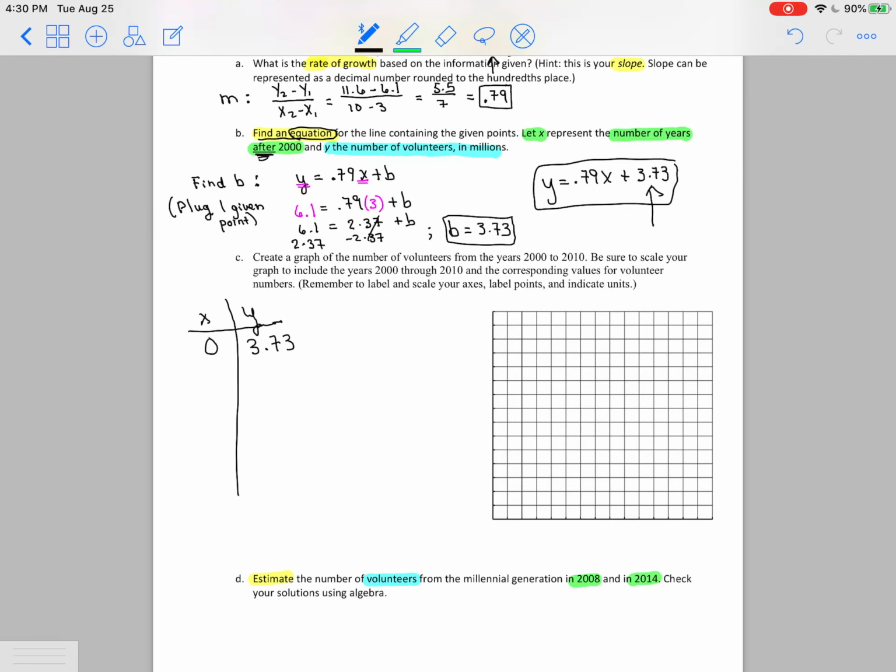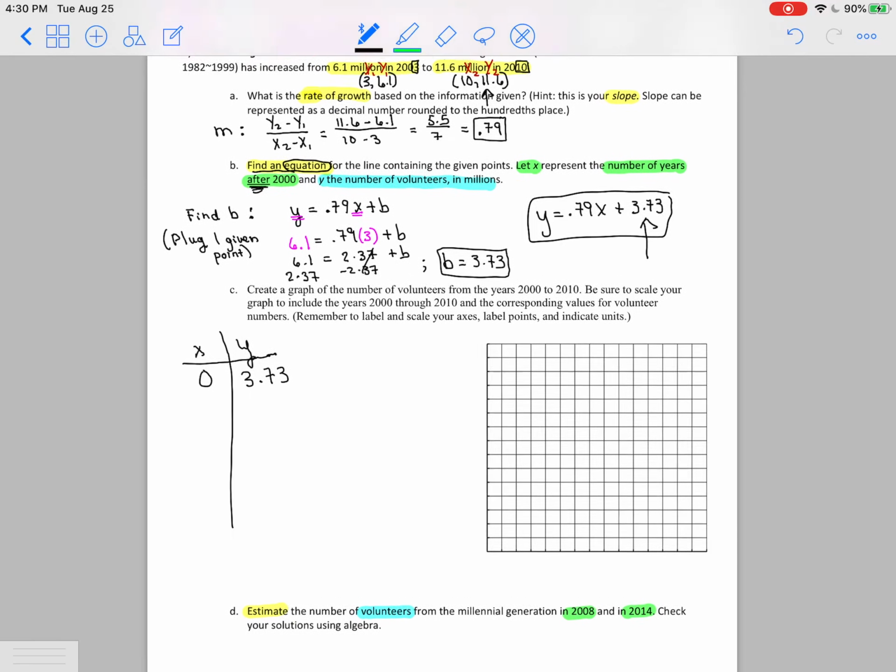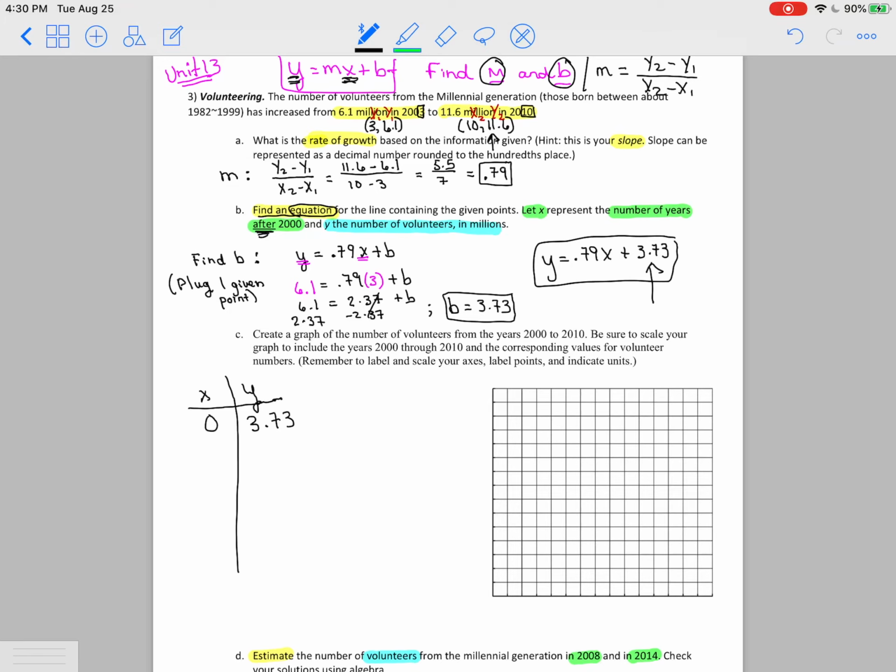I can also put my 2 points in. I know that when x was 3, so in 2003, there were 6.1 volunteers. I'm going to make room for 8 because I know down the line I'm going to need to know the number of volunteers when x is 8.